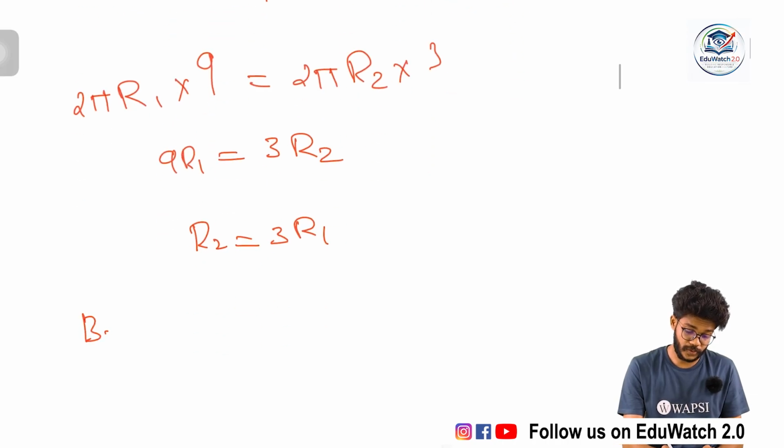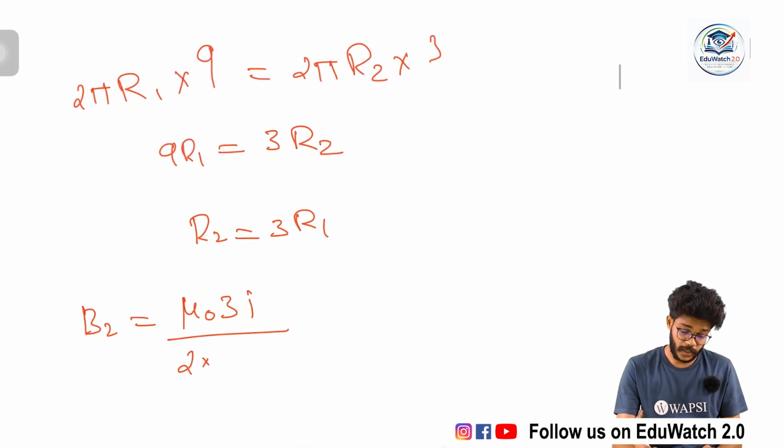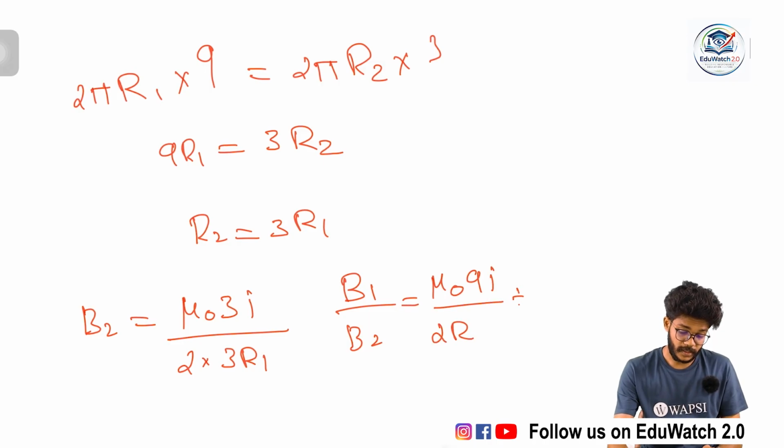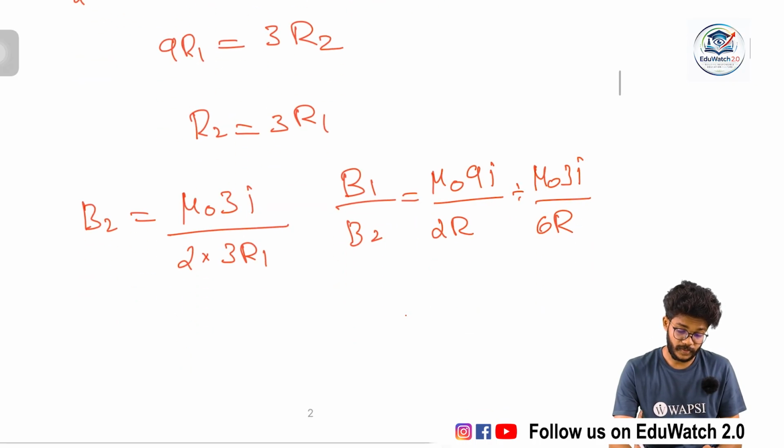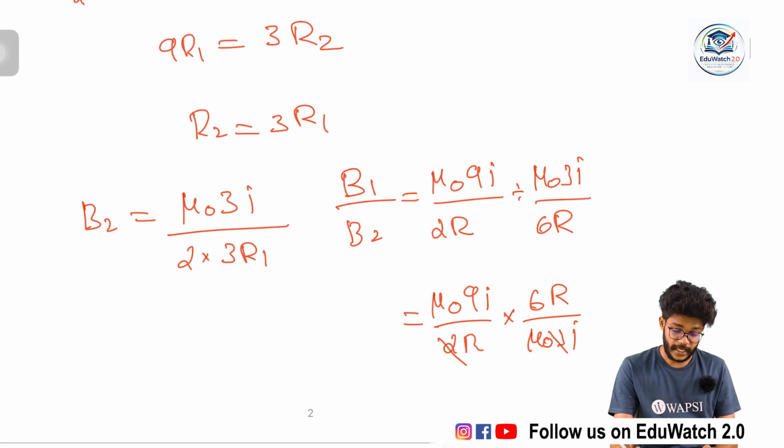So B2 is equal to mu 0 3I by 2 into r2, which is 3 r1. So B1 by B2 is equal to mu 0 9I by 2R divided by mu 0 3I by 6R. Just cross multiplying: mu 0 9I by 2R into 6R by mu 0 3I. 2 into 3 is 6, so we can cut the 6.